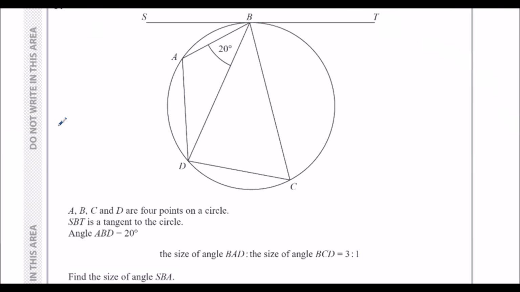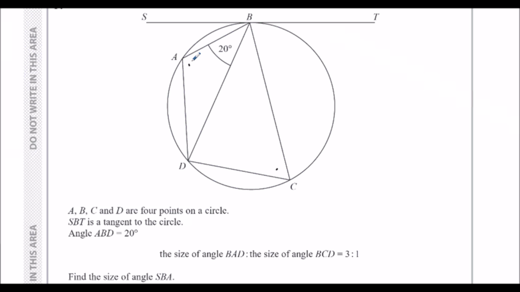Question 14. We have A, B, C, and D, 4 points on a circle. SBT is a tangent to the circle, and angle ABD is 20 degrees. The size of angle BAD to the size of angle BCD is 3 to 1.